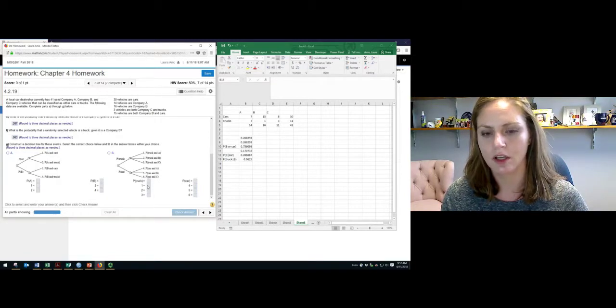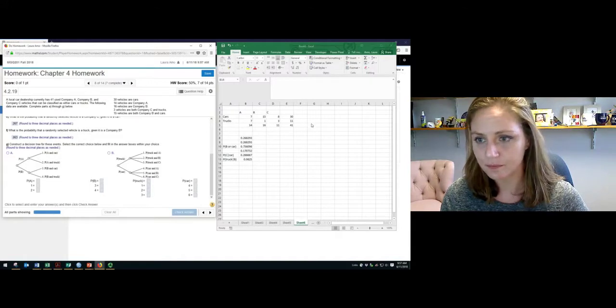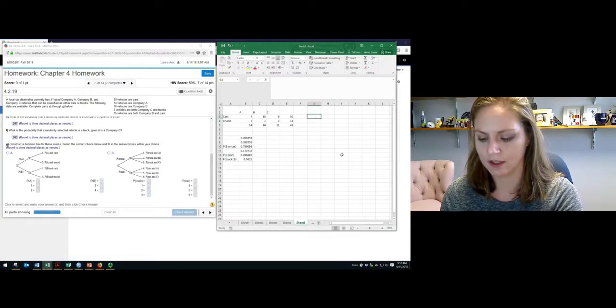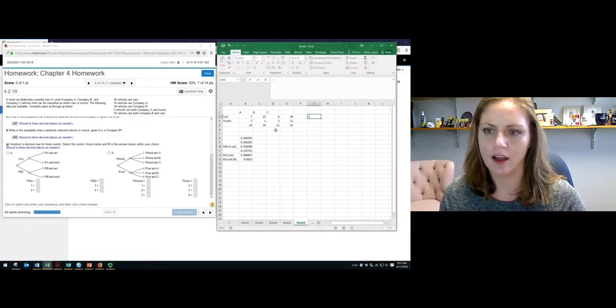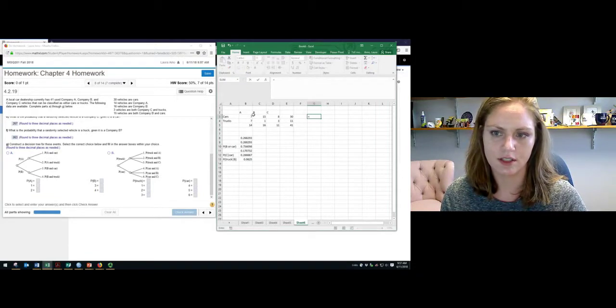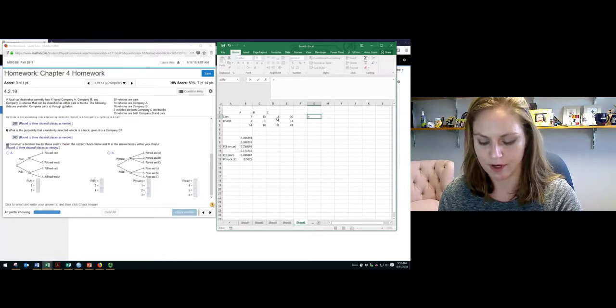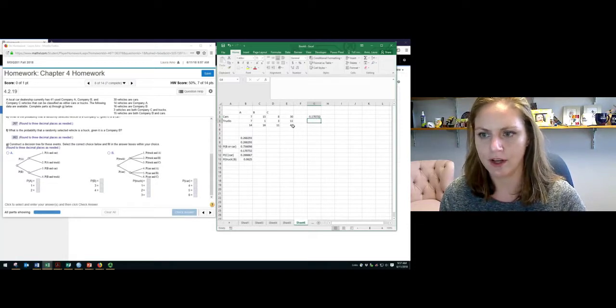What I need to do now is put in the probability for all of these values. The way that I'm going to do that quickly is just divide everything in the contingency table that I've created by the total. So here I'm just going to say divided by, I'm just going to hard code 41. I could absolutely reference this.